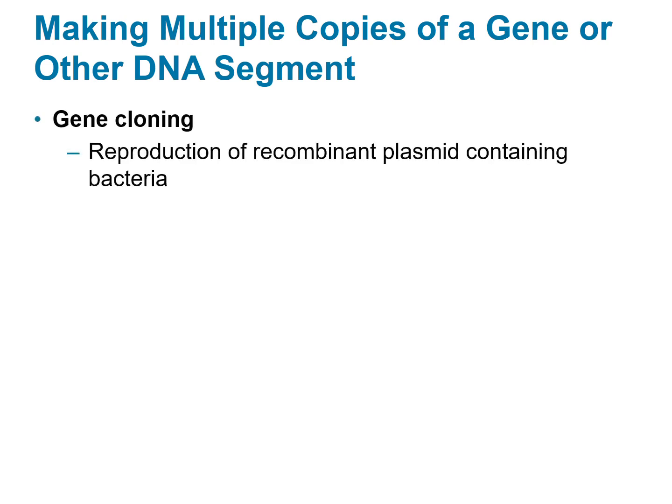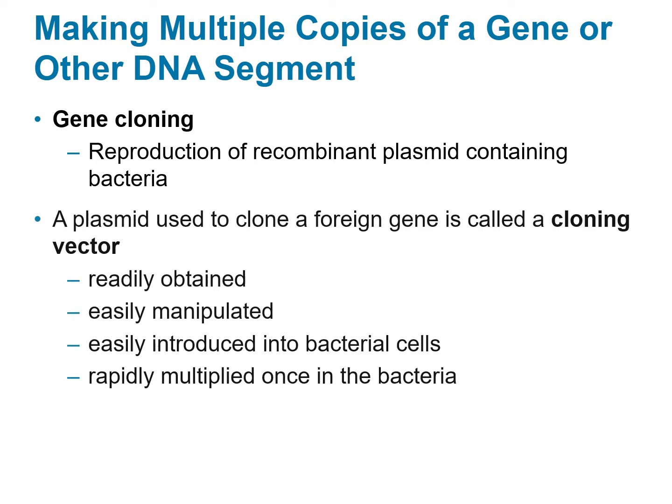So gene cloning can allow you to make multiple copies of a gene. So we just showed that process, right? So you can have the copy of the gene that is inside the plasmid, inside bacteria, and then make the bacteria grow. So that's an indirect form of replicating a gene or increasing the copies of a gene.